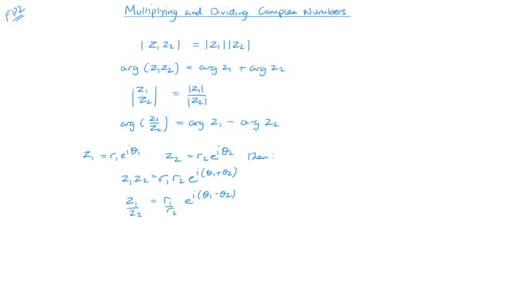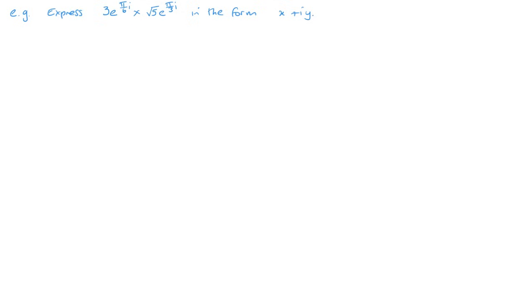This is the basis of what we're going to be looking at today. It's a very straightforward video on multiplying and dividing. So let's get into the first example. We want to multiply these two together. This is going to equal 3 times 5, and then e to the i, pi by 6 plus pi by 3. That gives me 15 e to the pi by 2 i.